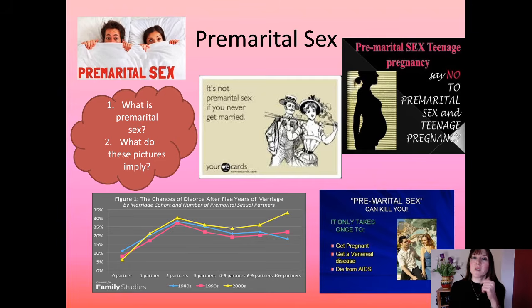Premarital sex was one of those things a lot of years ago when people got married young, so to have sex before you got married meant that you were having sex at a very, very young age, whereas nowadays it's quite normal for people to be together for a long period of time and never actually get married. So premarital sex, you might want to argue, is slightly an outdated societal construct now, when actually a lot of couples and people no longer get married.